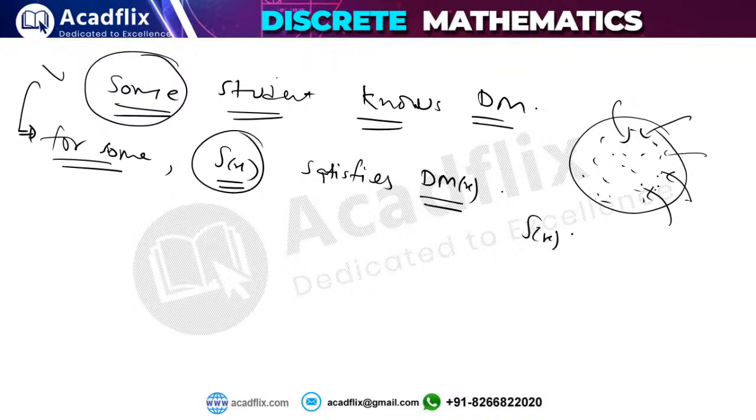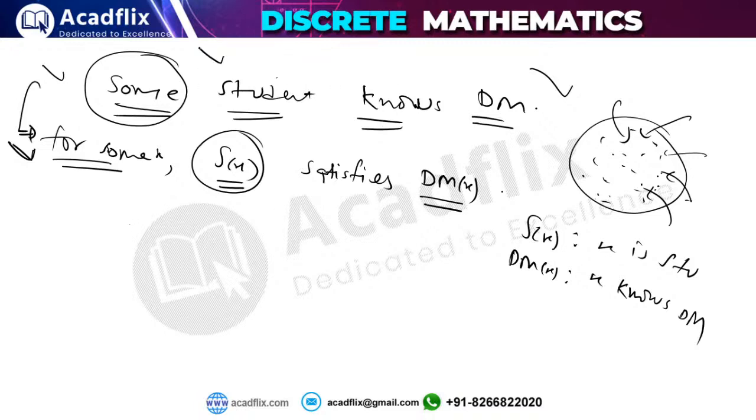So our setting is: for some x, Sx satisfies DMx. It means for some x, student x satisfies DMx, meaning some student knows DM.